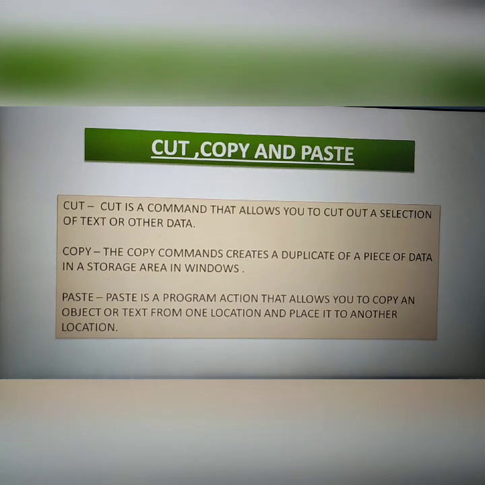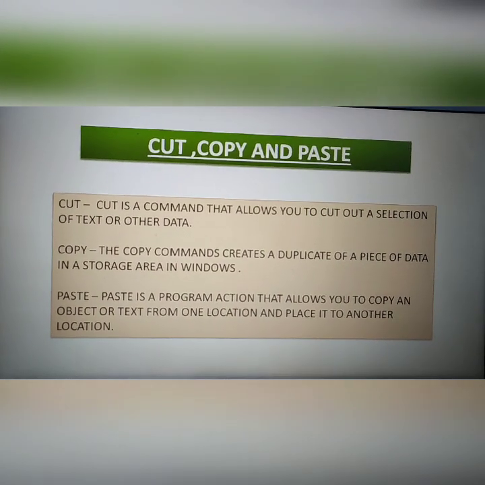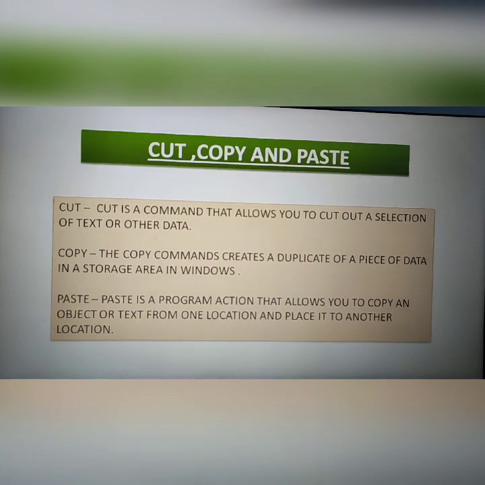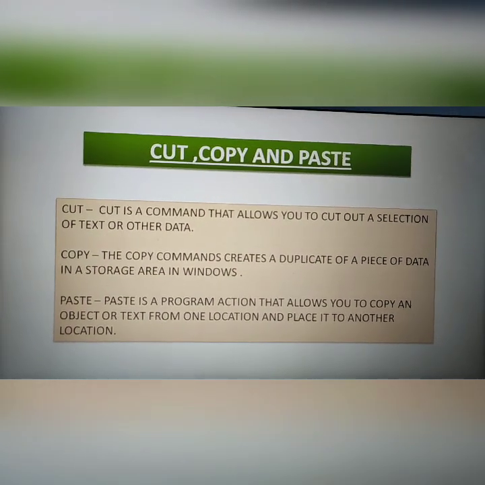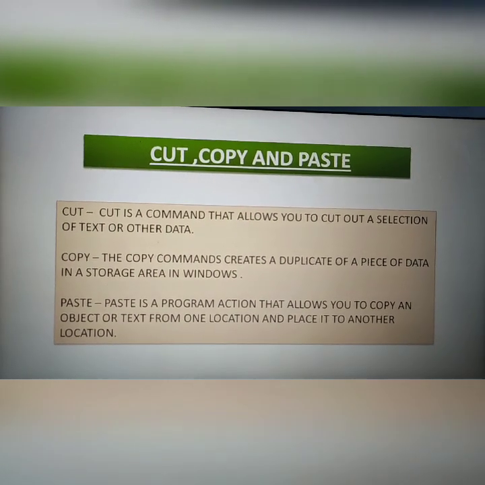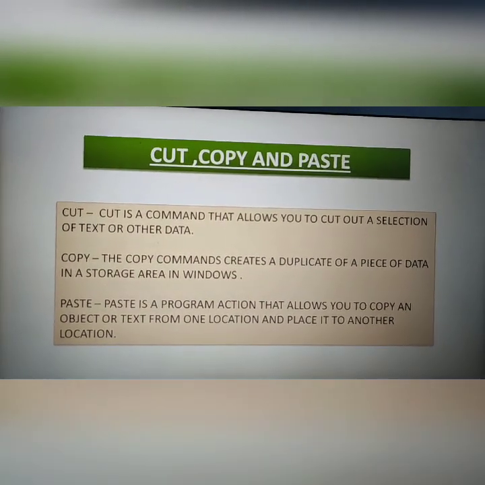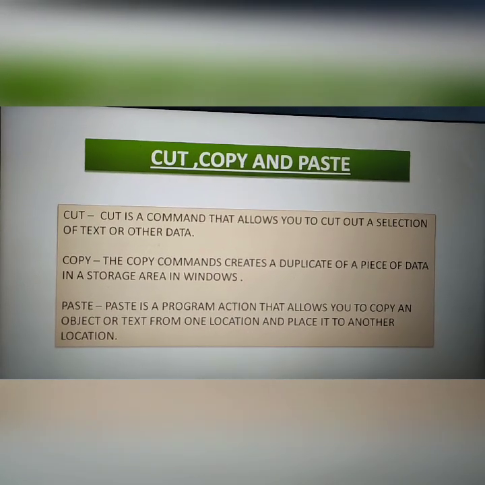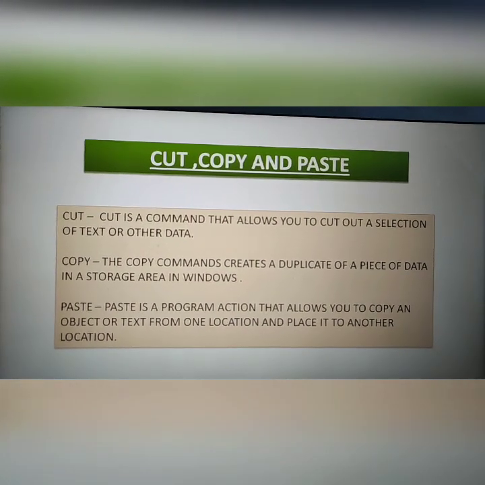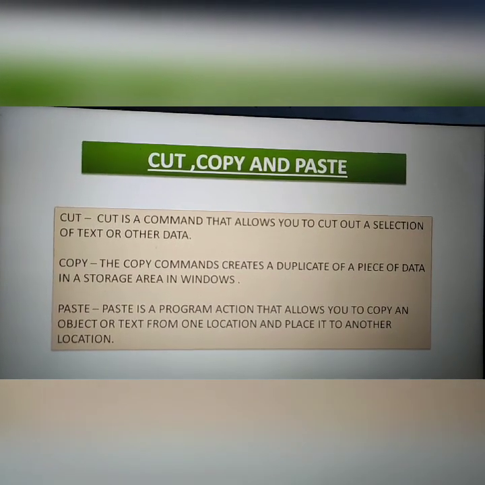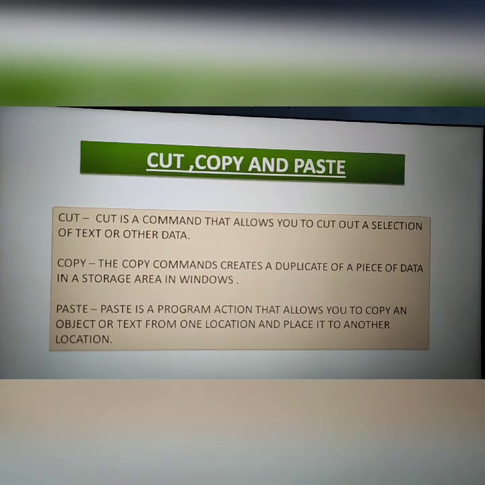And paste is a command that allows you to insert the data from the clipboard into an application. In order to use a paste command, you must first use either the copy or cut command. After that, you can paste the saved data into any supporting program.